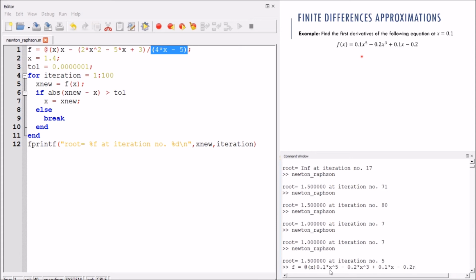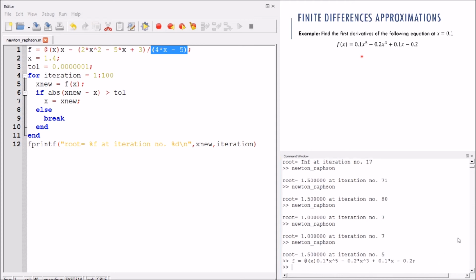So 0.1 multiplied by x to the power 5 minus 0.2 multiplied by x to the power 3. Okay, correct. Now this is the definition of the function.